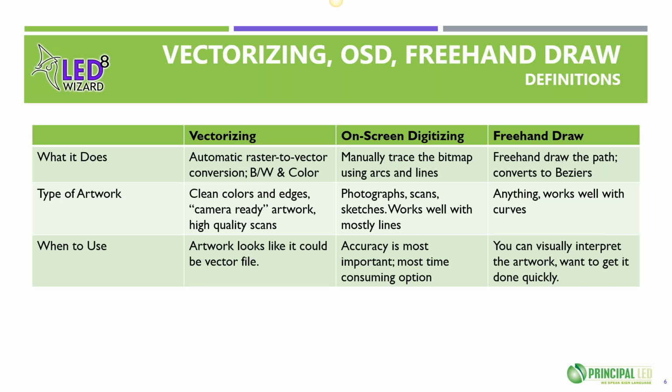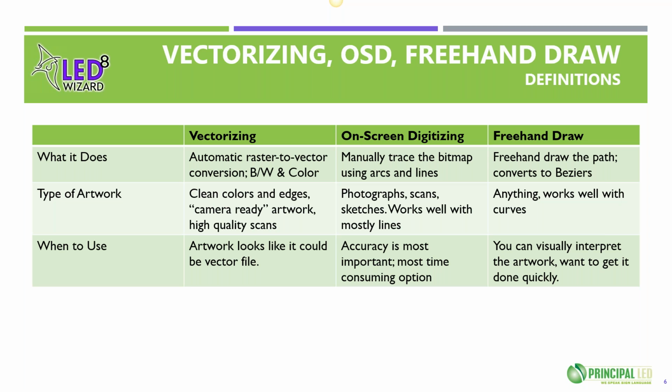Illustrator does this, Flexi does this, SignLab does this, et cetera, and we do it too. If you want to keep everything in LED Wizard, then this is an option, and I'll show you how this works. But the vectorizing, the automatic process of converting raster to vector, is what we're talking about, and we support both black and white and color.